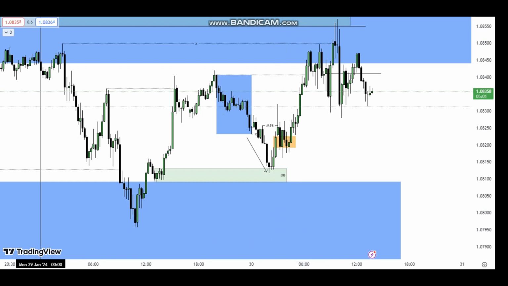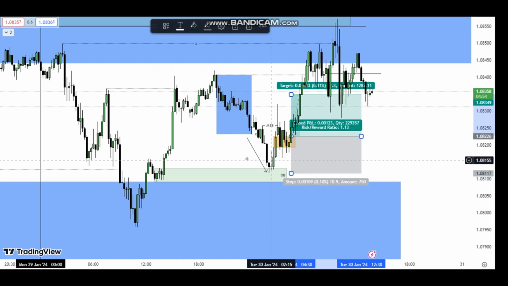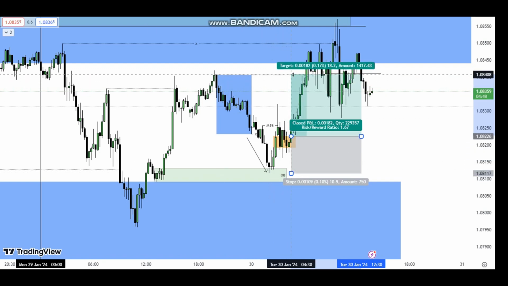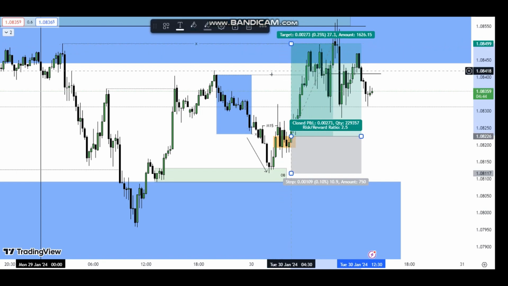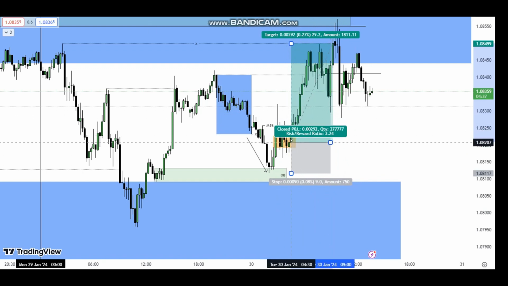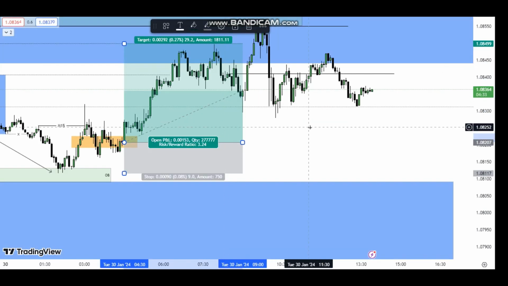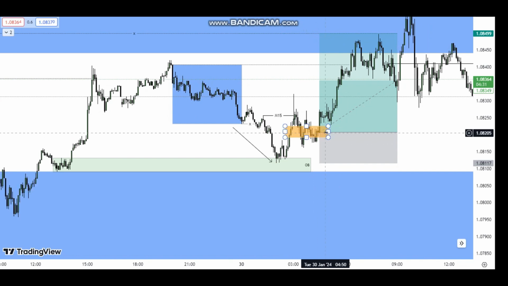Your entry point can be the fair value gap, with the low being your stop loss area, and you target the Asian high or the previous day's high. Now that will depend on the risk to reward ratio, but if you're somebody who uses sniper entries, we can jump into the 5 minute time frame and you'll be able to see what I mean.